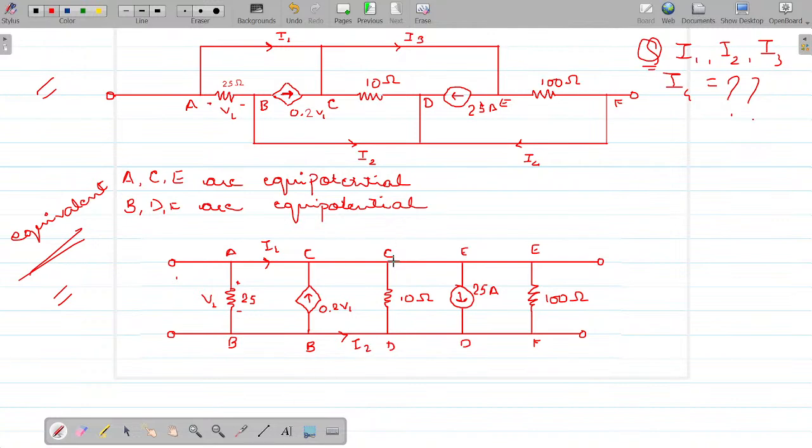Between C and E, we have I3. Direction again this way. Between D and F, direction this way. So you are asked for I1, I2, I3 and I4. Now tell me, looking at the network, what method would you prefer?